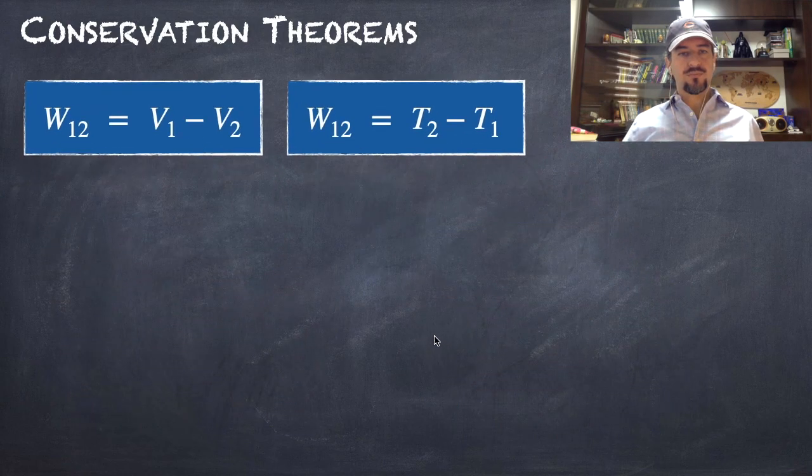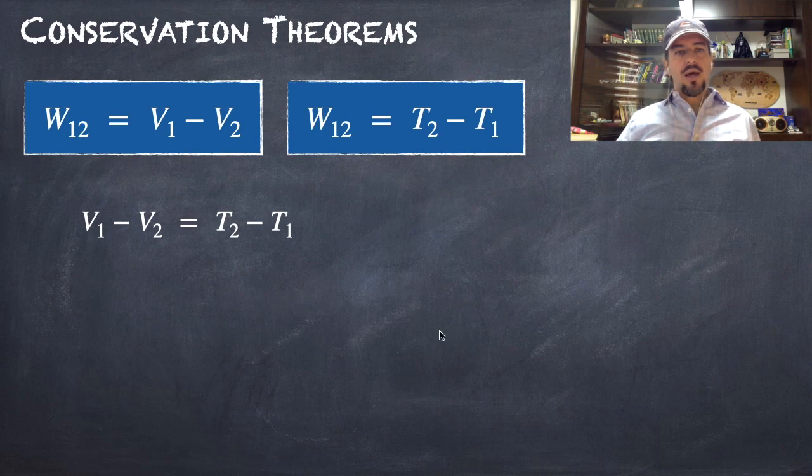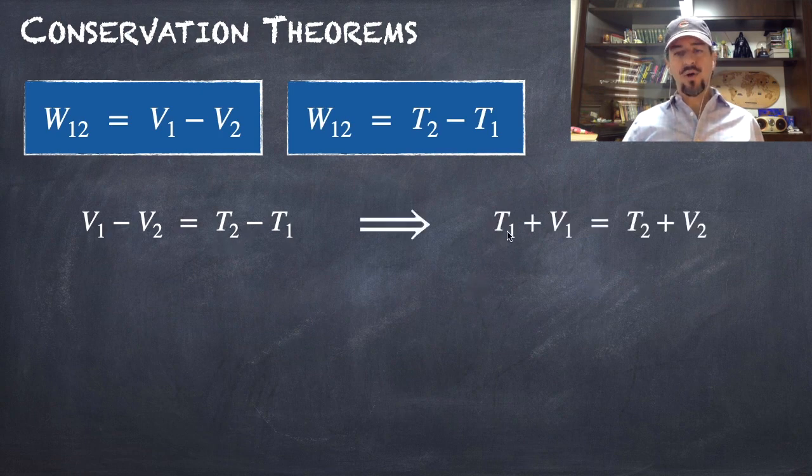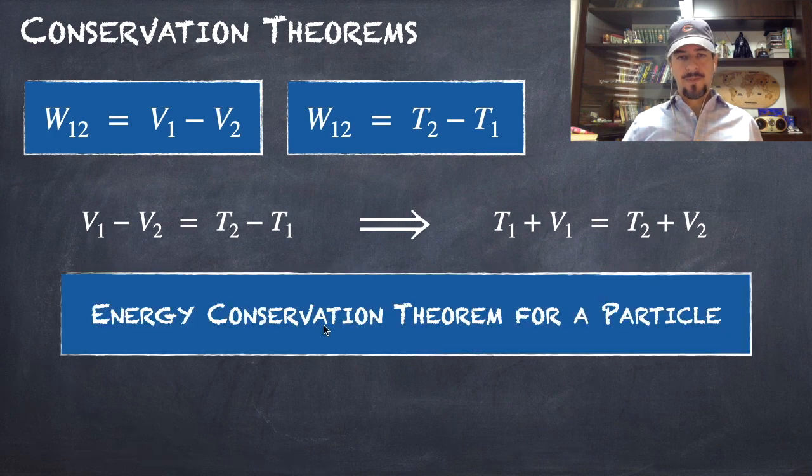So, using these two results, V1 minus V2 is going to be equal to T2 minus T1, or the kinetic energy plus the potential energy at point 1 is equal to the same quantity, the kinetic energy plus the potential energy, at point 2.